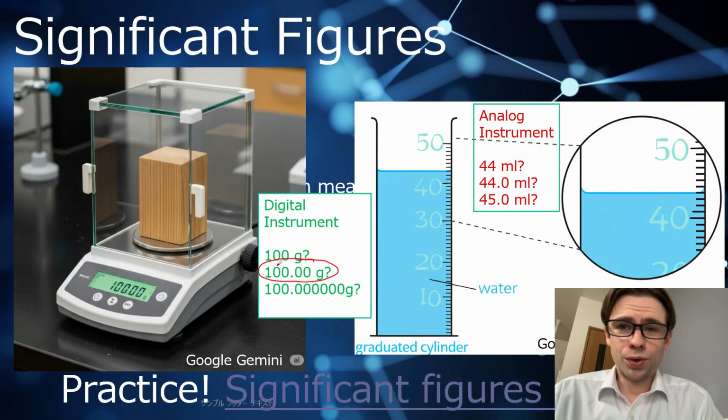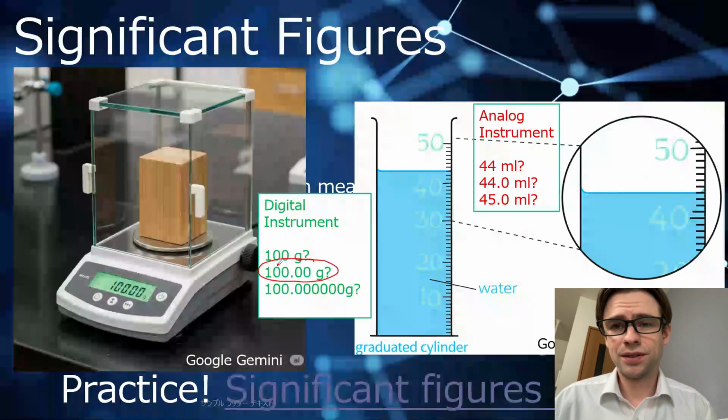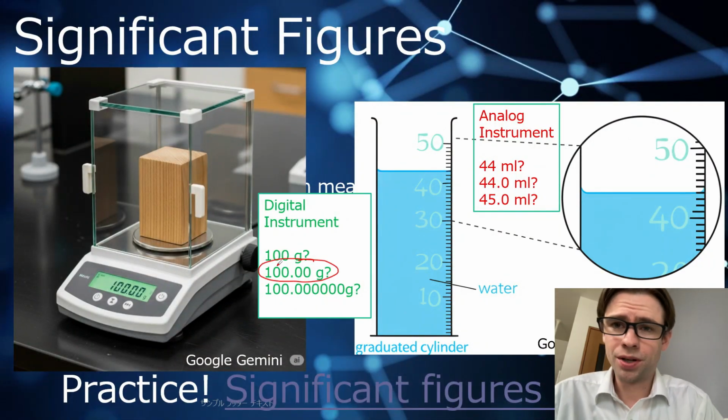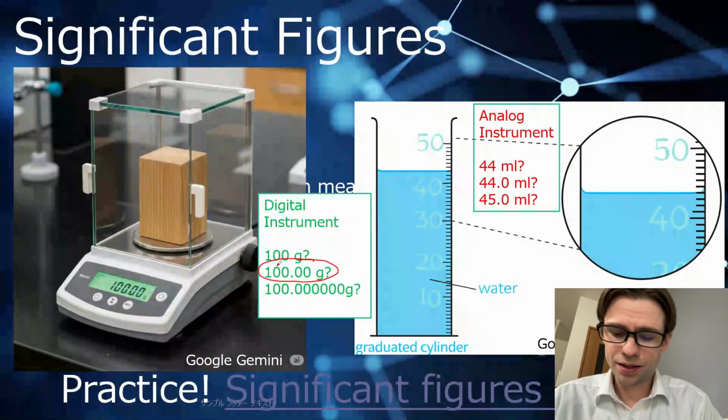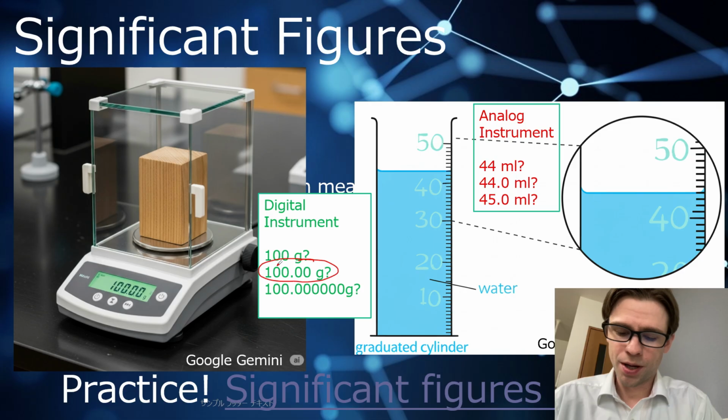But the rule for this is, in IB anyway, that analog instruments, you can actually get an extra significant figure out of an analog instrument beyond what these lines show you. Okay, so you can actually get 3 significant figures from this instrument. It's graded milliliter by milliliter, but when you write this measurement in your notebook, you can write 44.0.